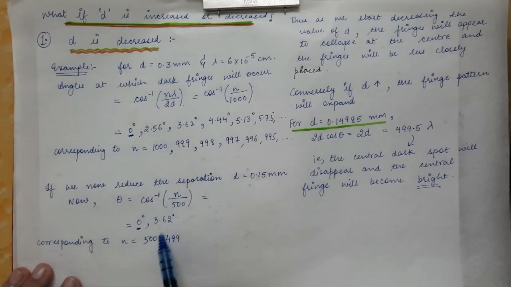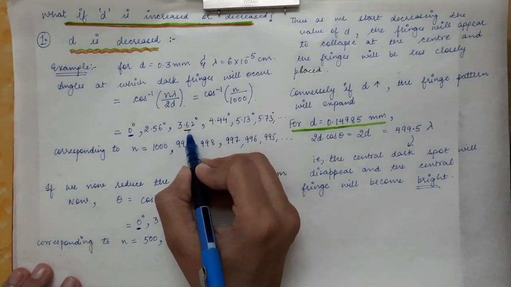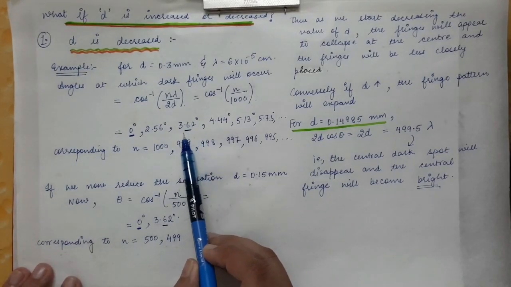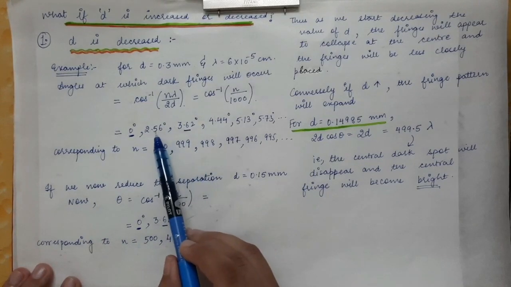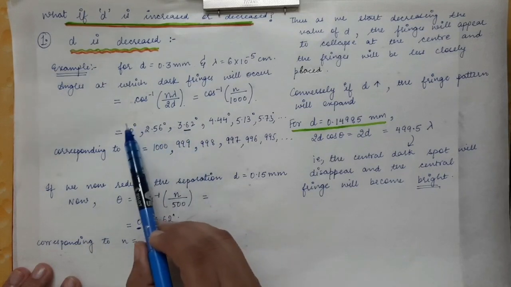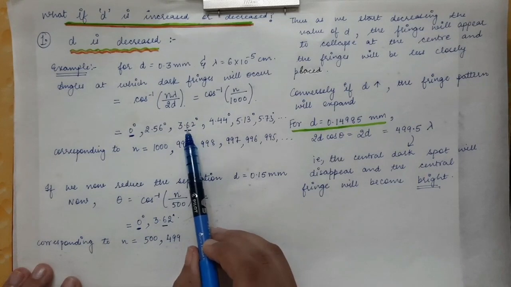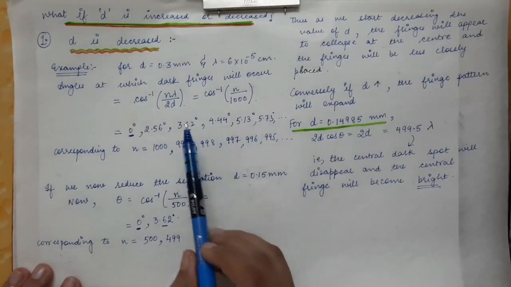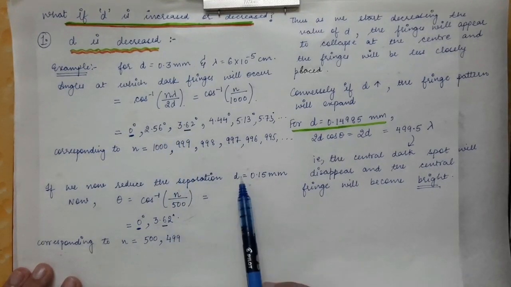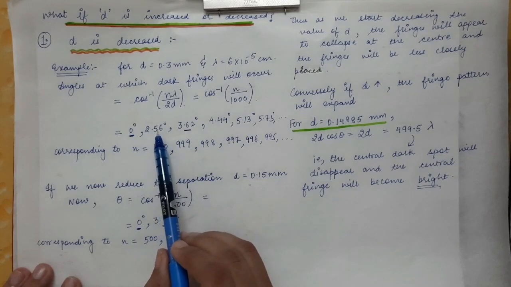Then the second fringe over there is at 3.62 degrees, and here we have 3.62 degrees, meaning the fringe at 2.56 degrees has collapsed. This is the central fringe, this is the first dark fringe, this is the second, this is the third dark fringe, and so on. So this second dark fringe has gone to the first dark fringe when the distance has decreased. So there is no dark fringe at 2.56 degrees.